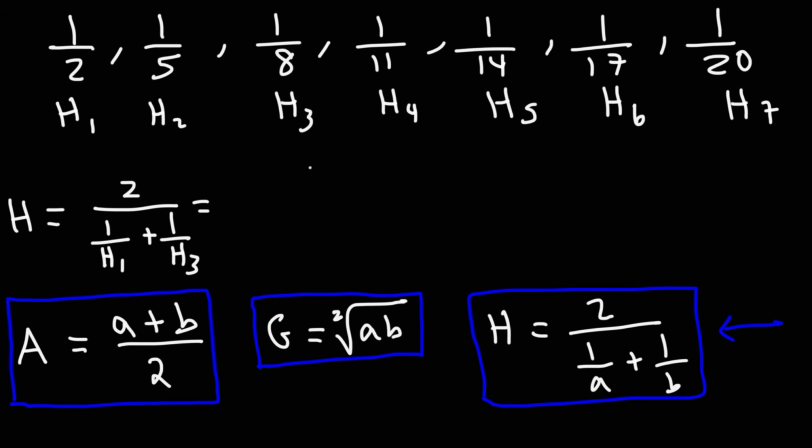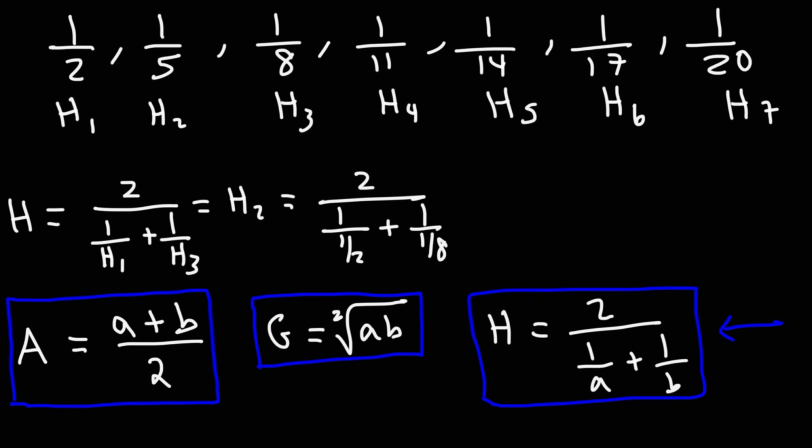And this should give us the value of the middle term h2. So let's do it. h1 is 1/2. So we have a 1 divided by h1, which is 1/2, so 1 over 1/2. h3 is 1 over 8.